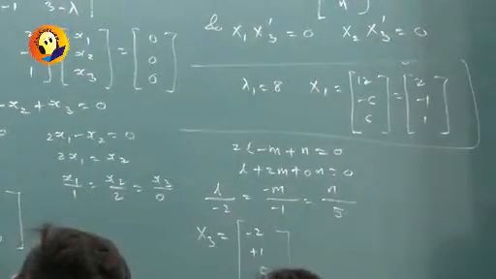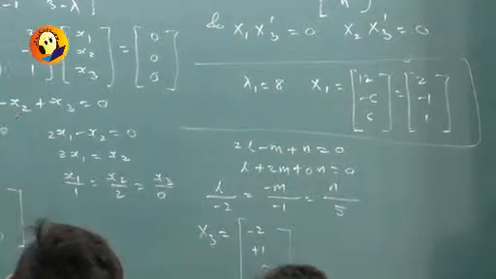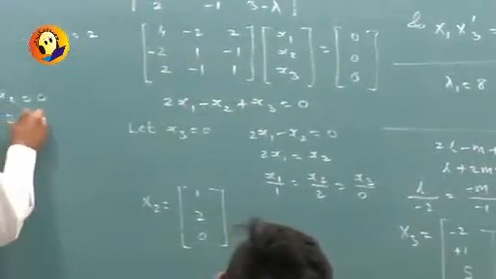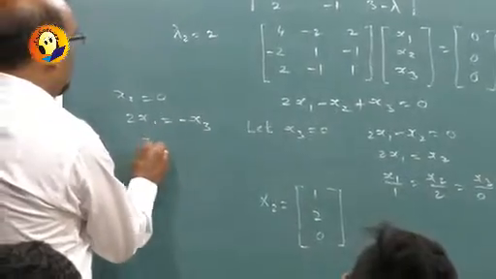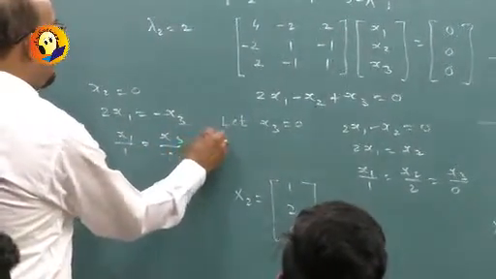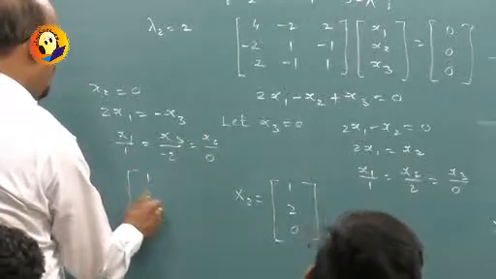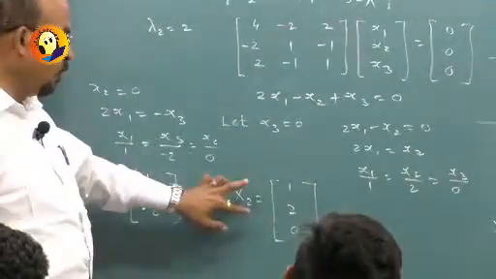Now suppose we would have said that x2 equal to 0, then you will get 2x1 equal to minus x3, or x1 upon 1 equal to x3 upon minus 2 equal to x2 upon 0. So we would have got it as 1 0 minus 2. 1 0 minus 2, this is not orthogonal to this.